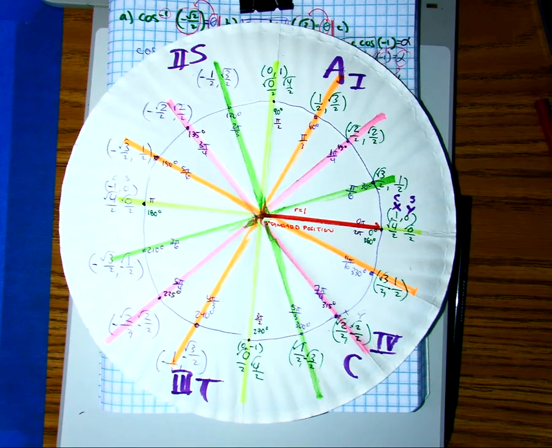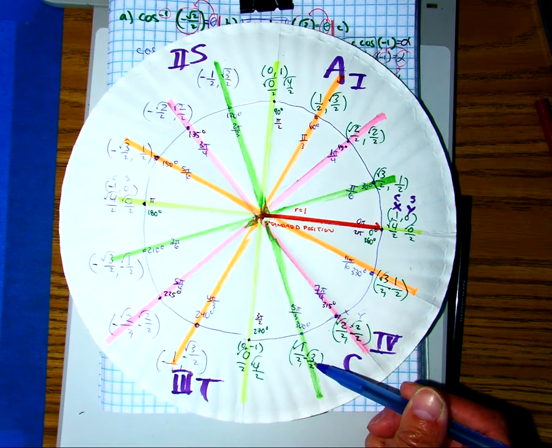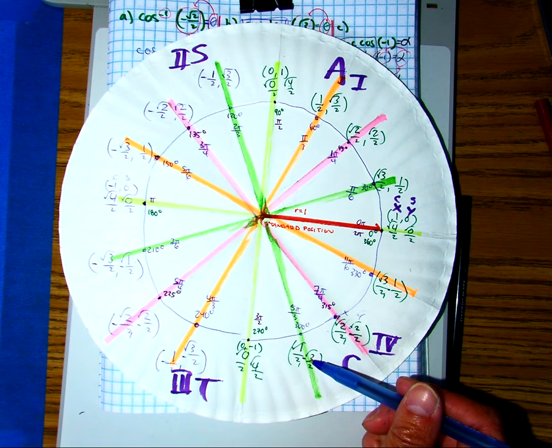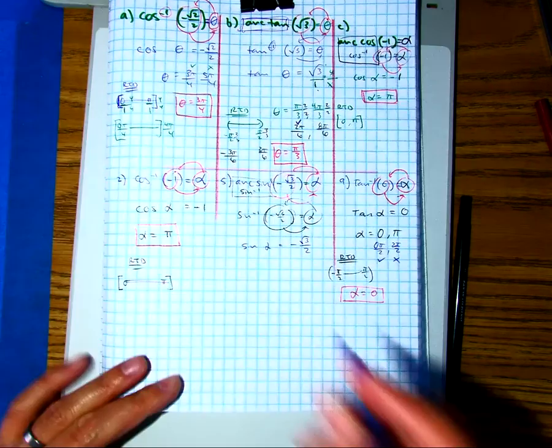Five pi over 3. Anywhere else? Four pi over 3. Let's write that down.